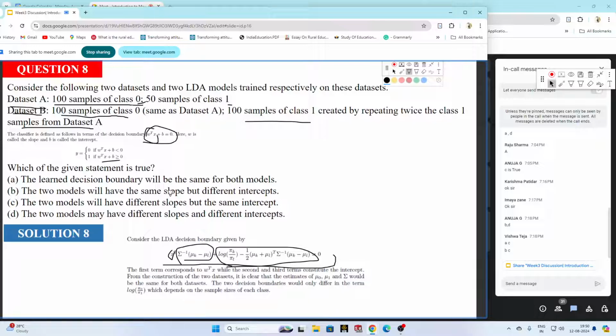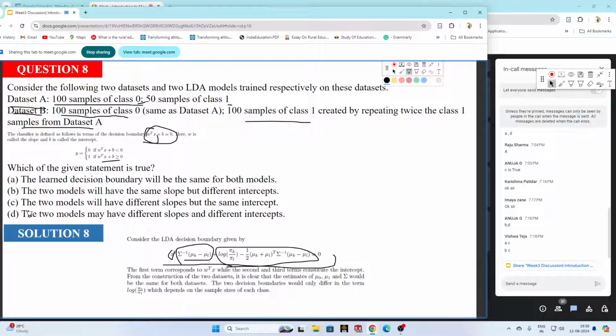The term with the input is your slope, and these two terms combine together and form the intercept b.